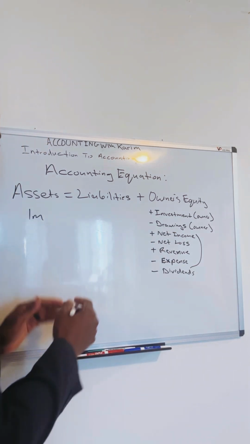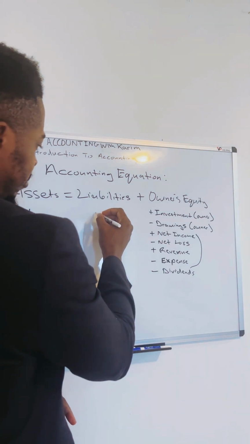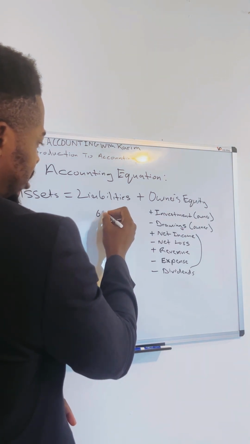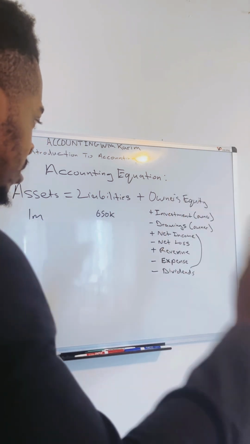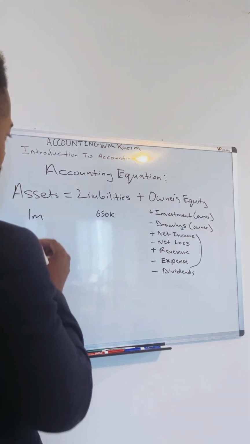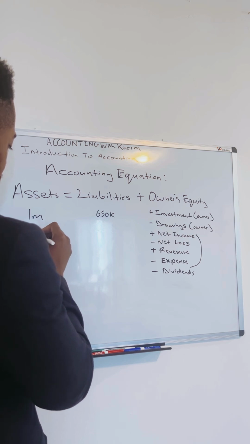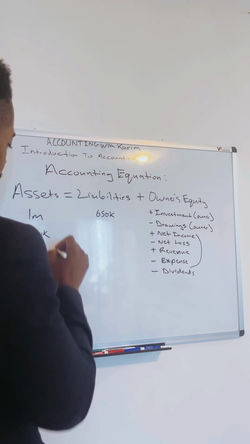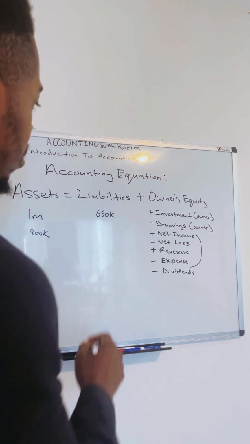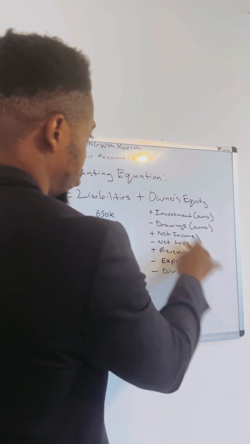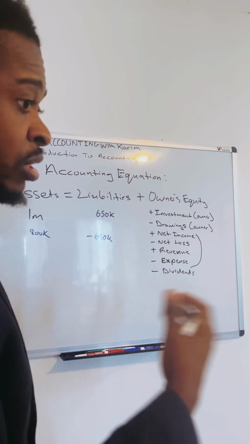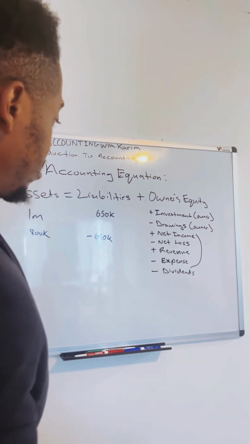So say for example, we have 650,000 in liability that we have to pay creditors and maybe investors, and we were able to sell all our assets for 800,000. We have to make sure that we pay this off first before owners can get the leftover, the residual balance, right?